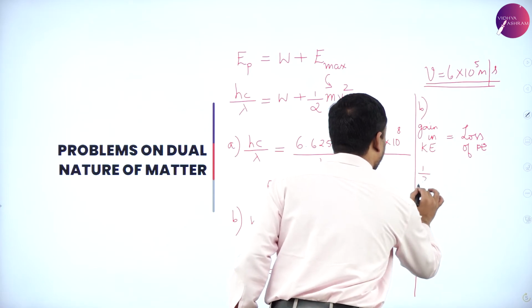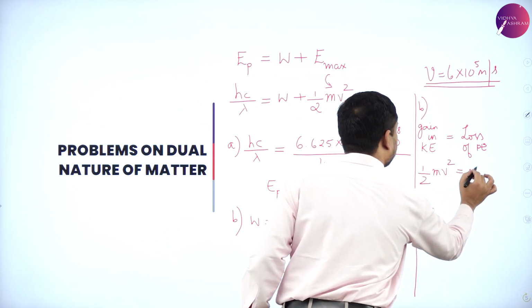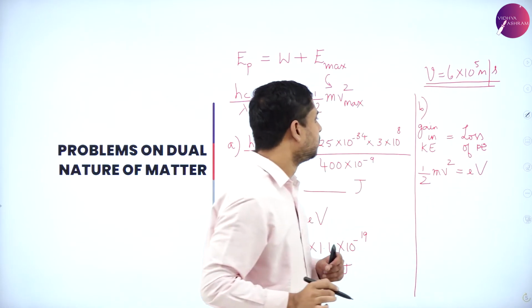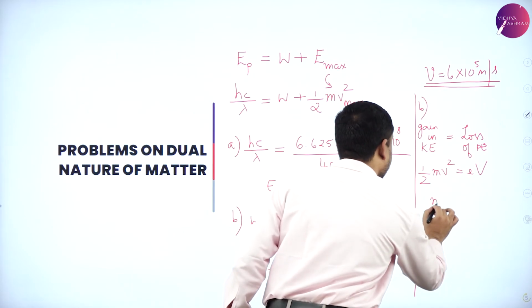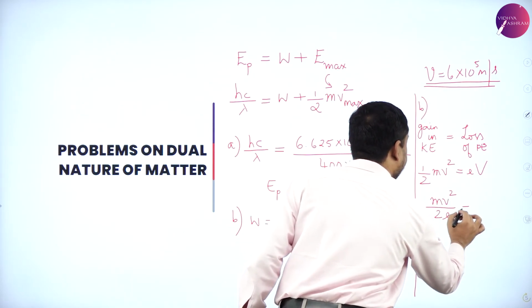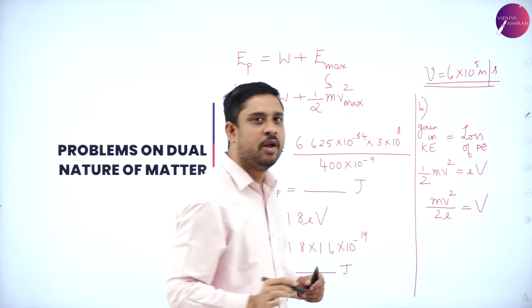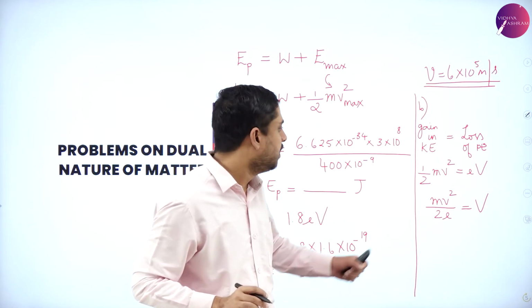So this is half mv square. I want this V, so mv square by 2e is V. What is m? Mass of the electron.